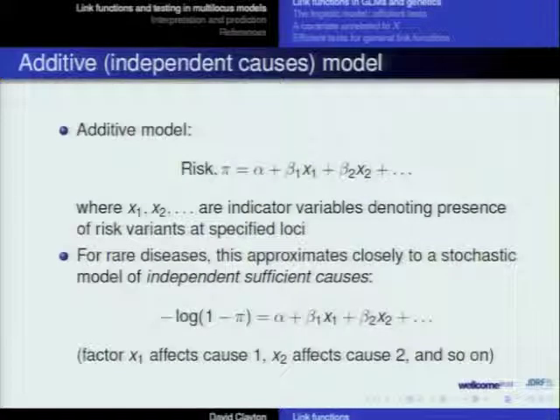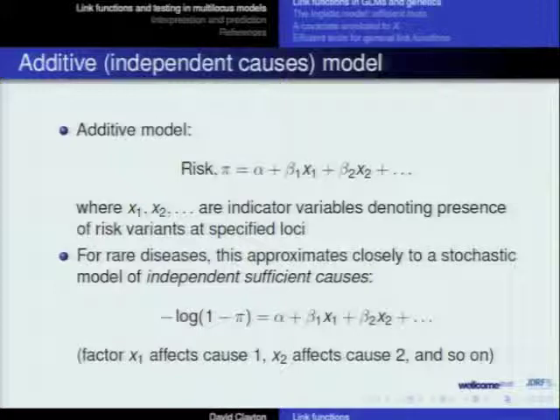Let's come back to what Neil Risch looked at in those papers. He considered 2 models for the joint effects of multiple loci. The first one was an additive model for risk.